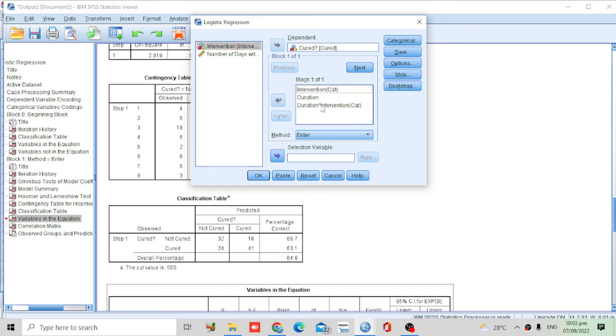So, tingnan natin tanggalin yung mga ibang independent variables.